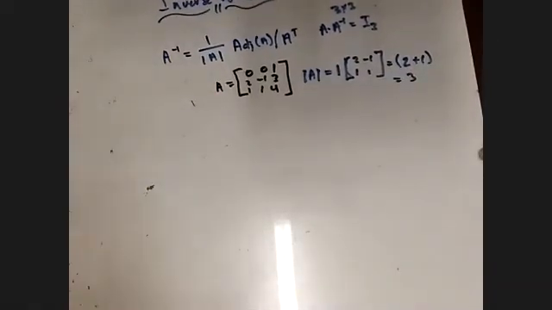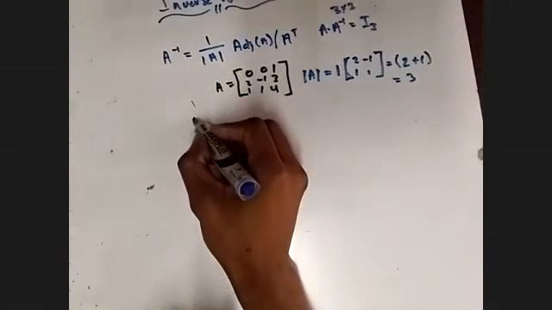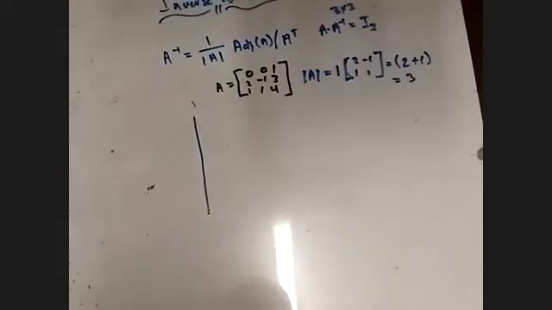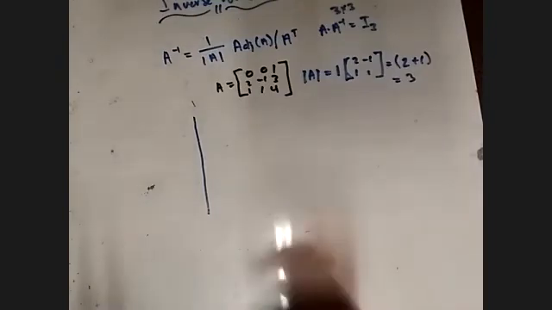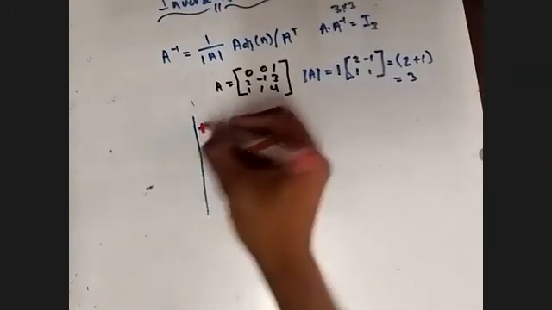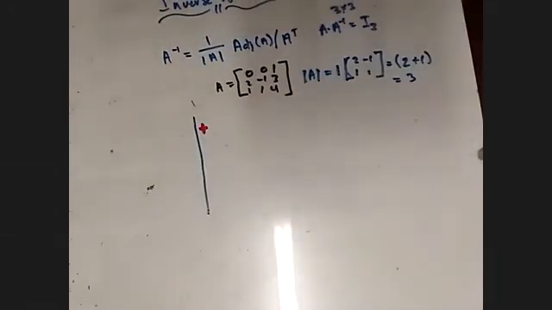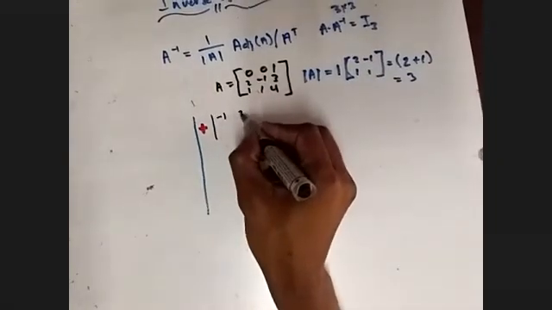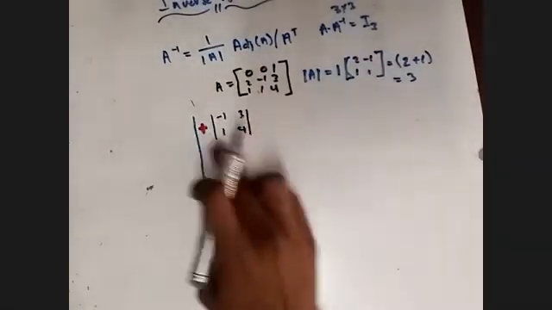Now we're going to do something called the adjoint. The adjoint is given by a huge thing, so let me write it like this. The first entry will be given by a positive. It's always a positive. Then we take the first values, which are negative 1, 3, 1, 4, and we determine its determinant.